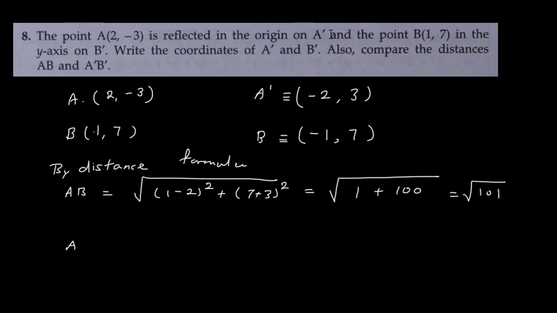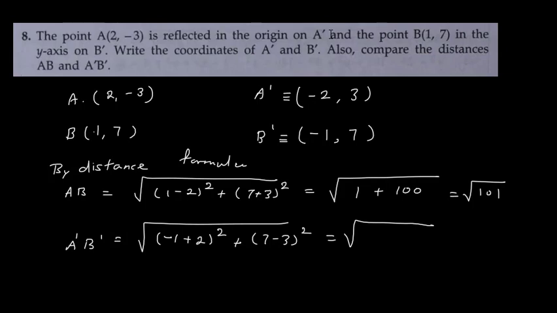And A dash B dash, this is B dash, this is minus 1 plus 2 the whole square plus 7 minus 3 the whole square. So minus 1 plus 2 is 1, 1 square is 1, 7 minus 3 is 4, 4 square is 16.